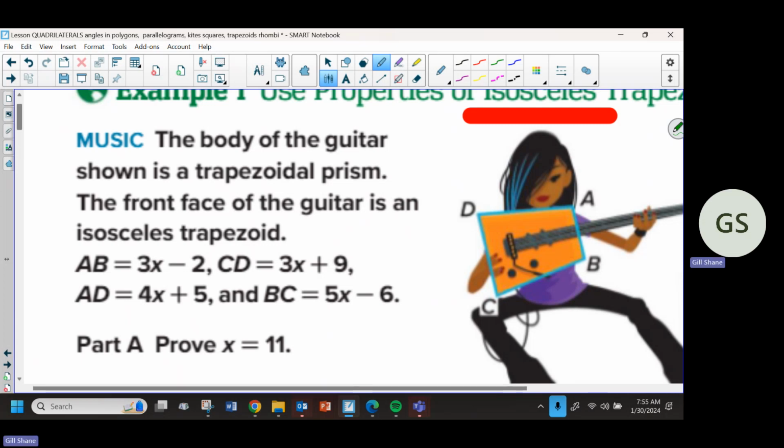So the figure is A, B, C, D right here. It is an isosceles trapezoid. They just tell you that in this one. So you should now know everything that's equal. The hardest part about this one is the algebra.